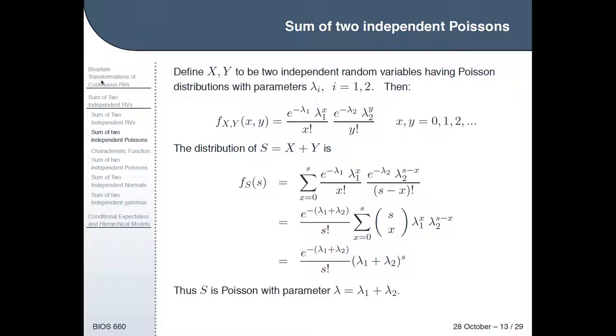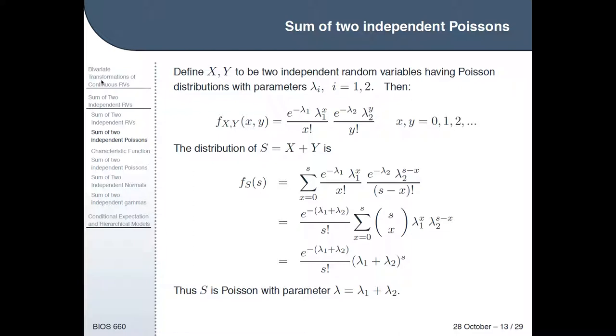That is, of course, just the PMF for a Poisson random variable with parameter lambda 1 plus lambda 2. We saw this already on the midterm, but in general, that's another way you can find the distribution of the sum of two random variables, just doing this convolution-type thing.